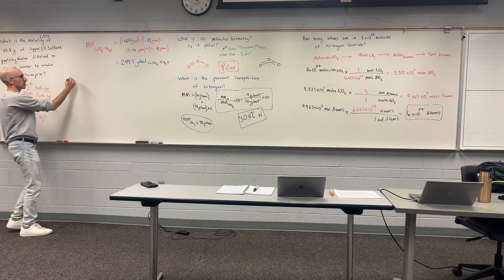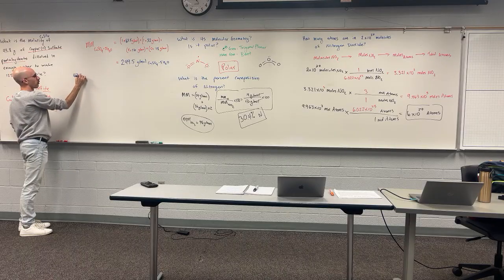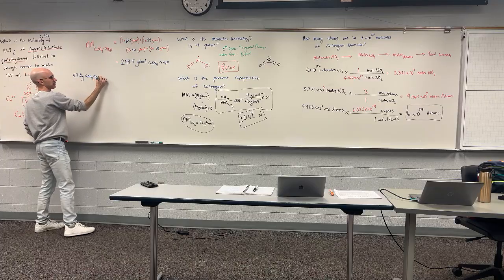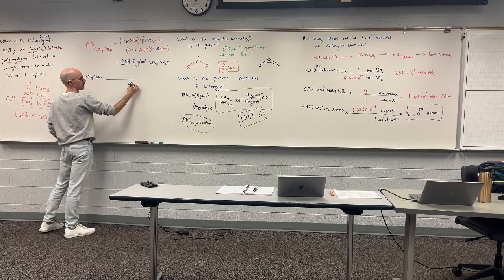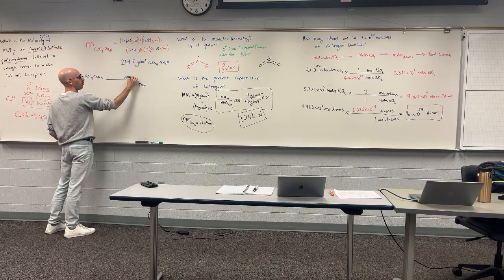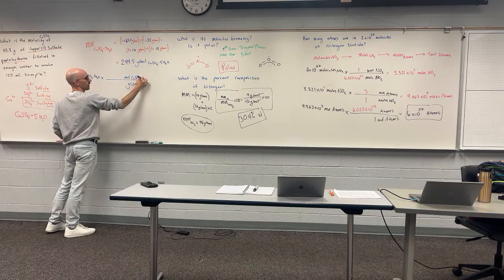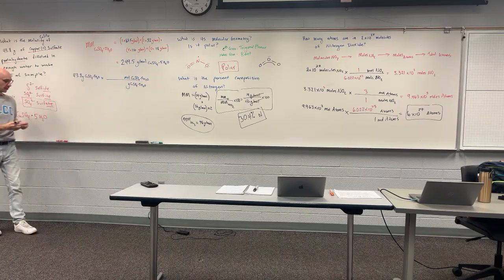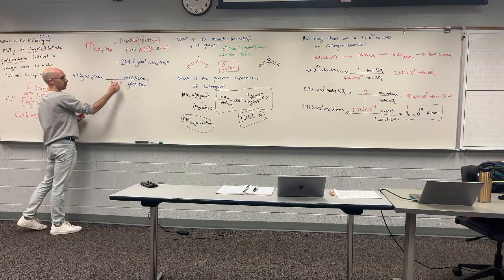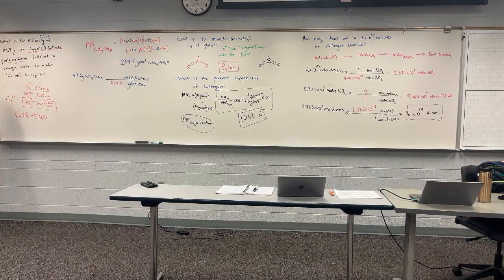So we can convert 43.8 grams of copper 2 sulfate pentahydrate into moles of copper 2 sulfate pentahydrate using this molar mass. 1 mole is 249.5 grams. But that's not moles of copper 2 sulfate. That's moles of copper 2 sulfate pentahydrate.